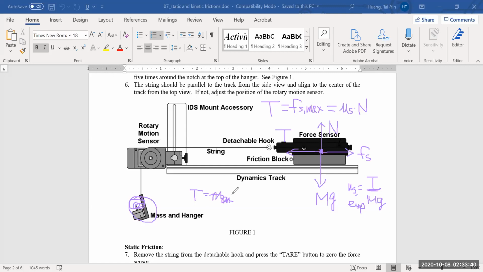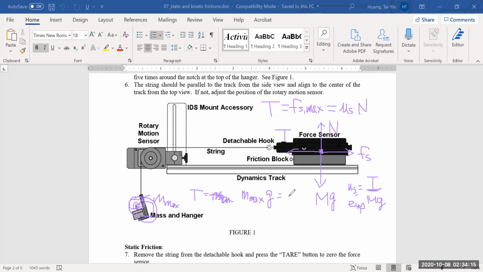When you keep adding the mass until the whole thing starts to wiggle, we call that the maximum M. You have the maximum M times g, that gives you the tension, and the tension must be balanced by the mu s times N.